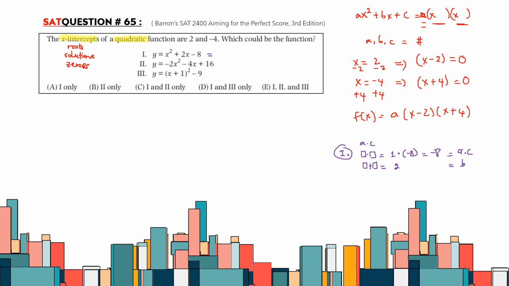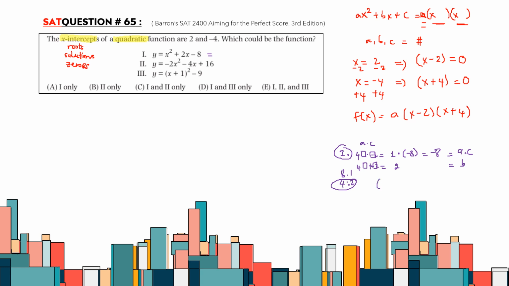We can try 4 and 2, but which pair gives a product of -8 and a sum of 2? Probably this one with the negative on the smaller number: 4 and -2. 4 times -2 is -8, and 4 minus 2 is 2.